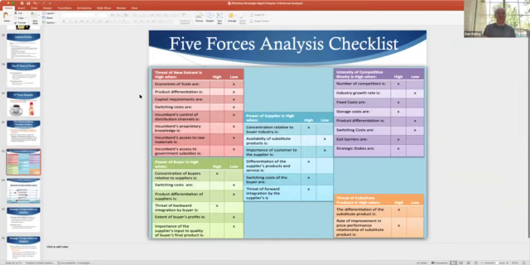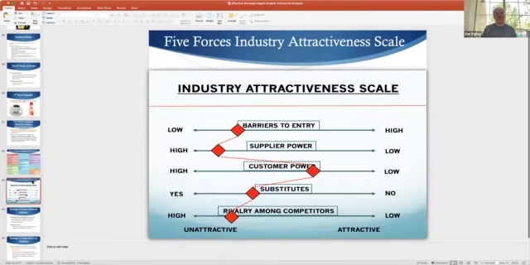It's a little checklist. You see the 5 forces here. What you do is go through these little boxes and indicate whether or not the indicator of that force is even present. Then from that analysis, you can determine whether or not that force is great or not great in that industry, having an effect on that industry. You can take this information then, and you can transfer it to this slide.